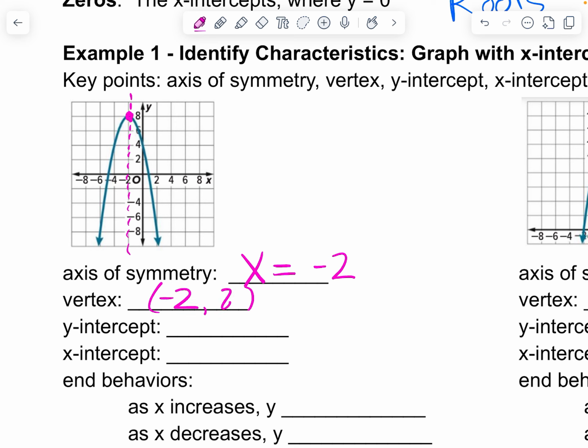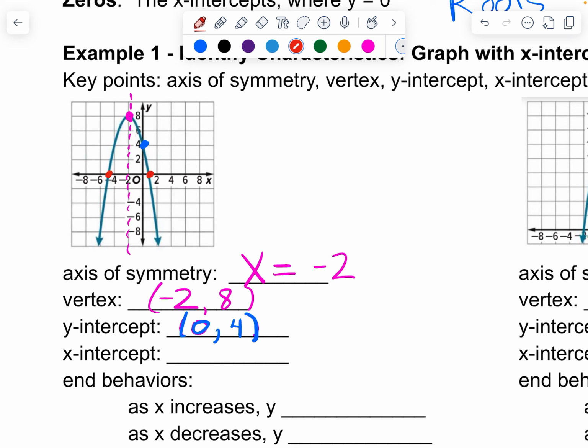The y is at 8. The y-intercept, so that's when x is equal to 0. I should change the color right here. That is 0, 4.